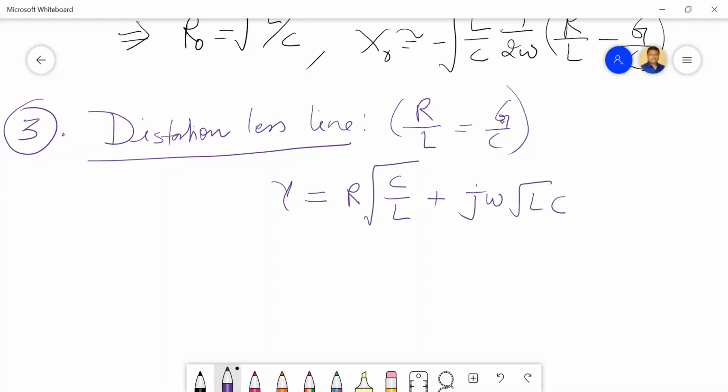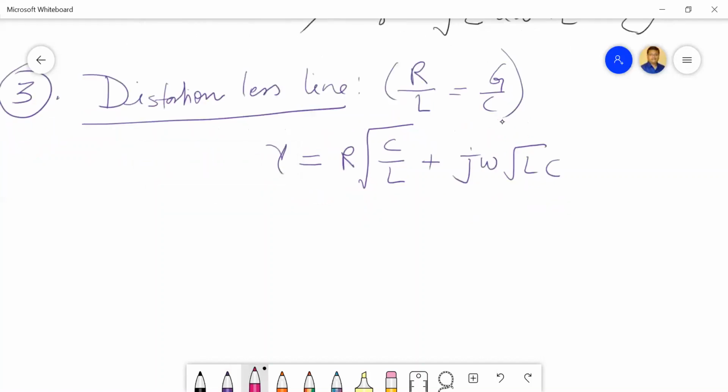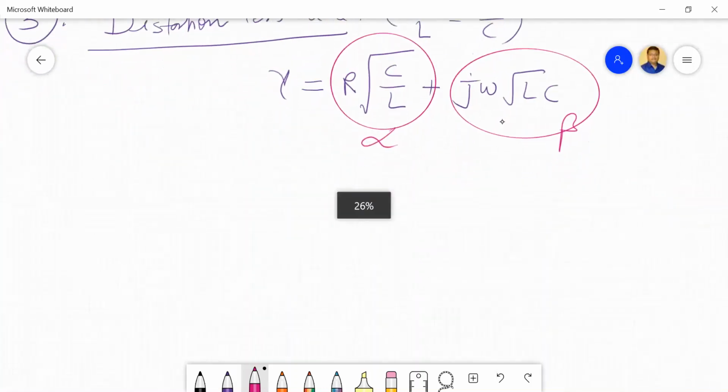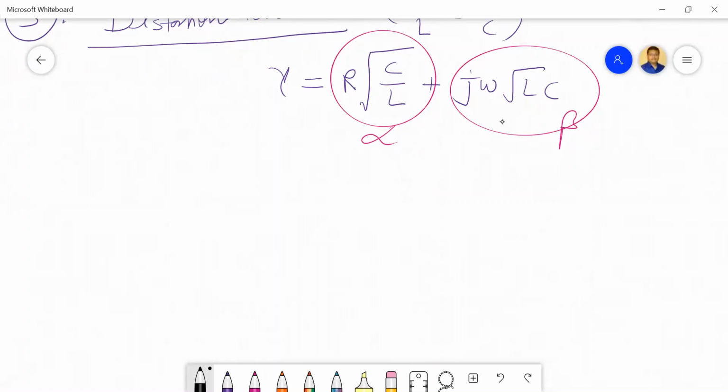Now, what is alpha here? Alpha is this, and this is beta. And phase velocity remains the same again. If you talk about Z naught, Z naught is under root L by C only, and X naught will be 0.